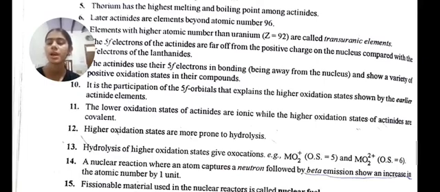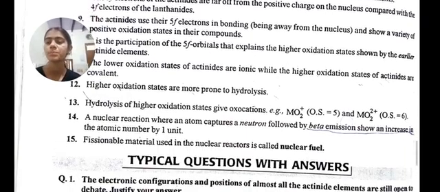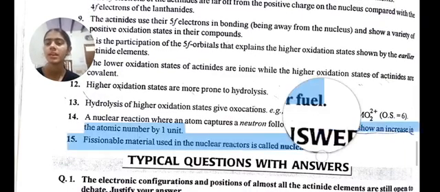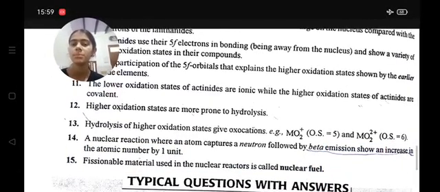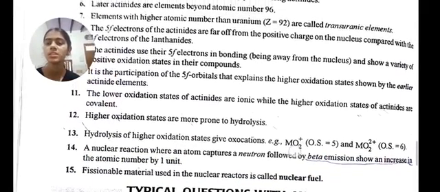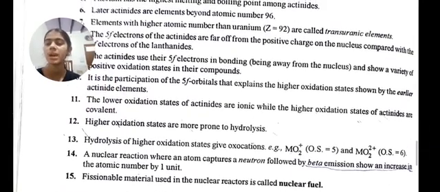Hydrolysis of higher oxidation states gives oxocations. A nuclear reaction where an atom captures a neutron followed by beta emission shows an increase in the atomic number by 1 unit. Fissionable material used in nuclear reactors is called nuclear fuel.